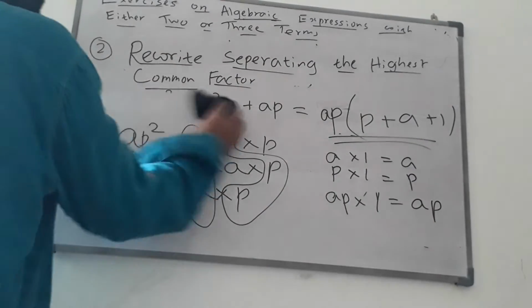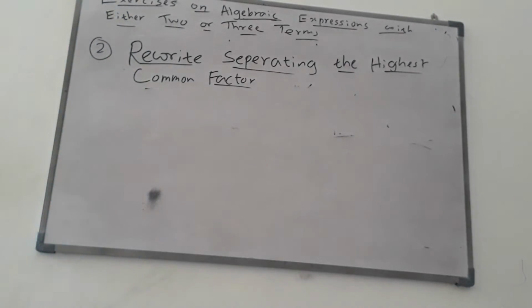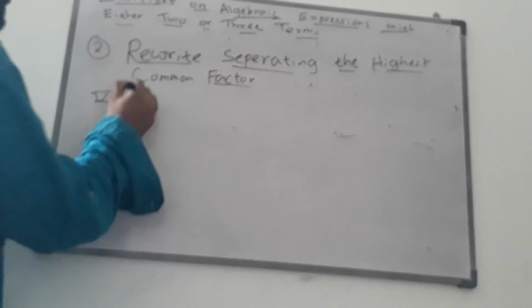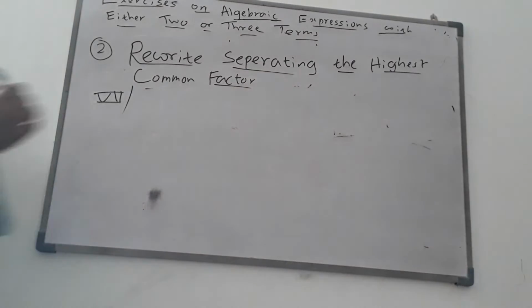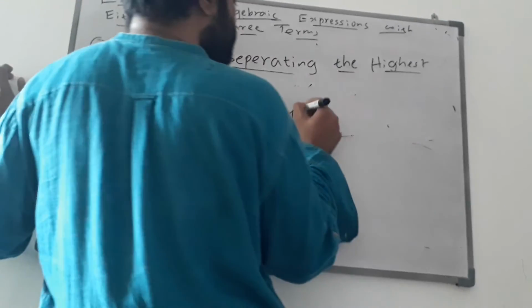Final question. Seventh question. 12x squared y minus 16xy plus 20xy squared.